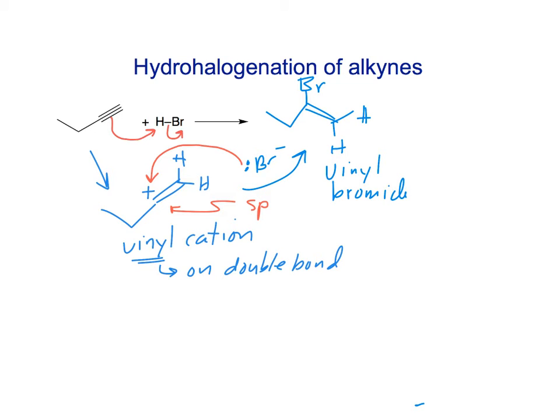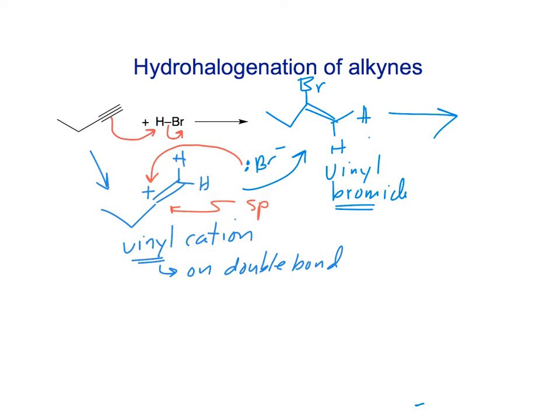If we add just one equivalent, or one molecule of HBr for every one alkyne, the reaction will stop at this stage, at the vinyl bromide. However, if we add more HBr, so either 2 times or an excess, then this reaction can continue on further.